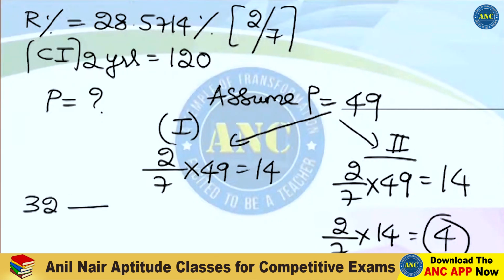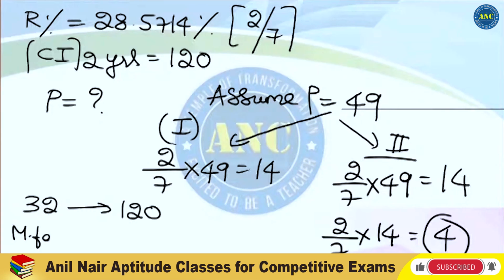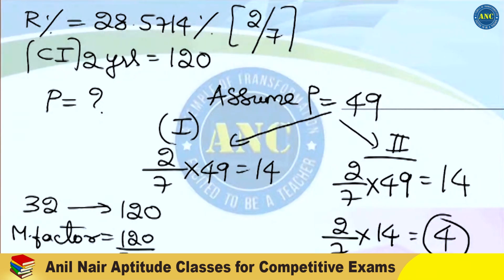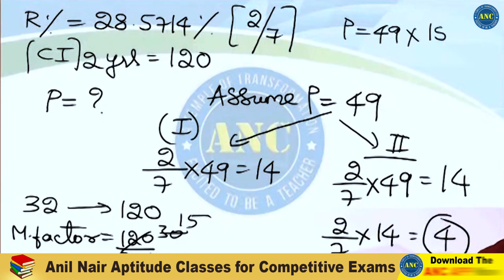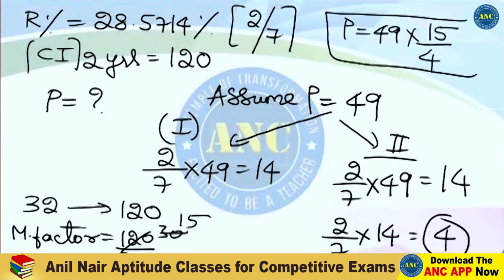But according to the question it is given as 120. So the multiplication factor is 120 by 32, which is 15 by 4. The answer is 49 into 15 by 4. I hope it is clear.